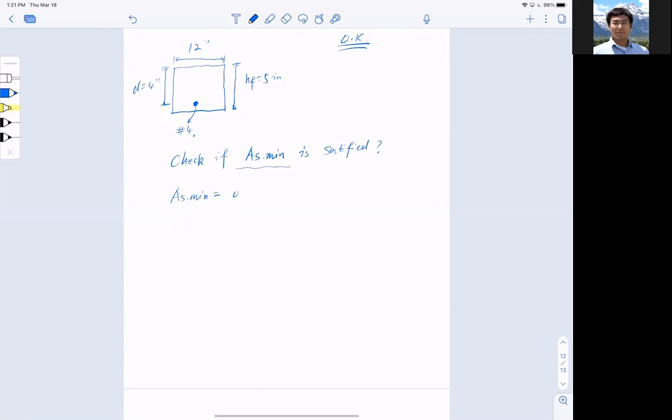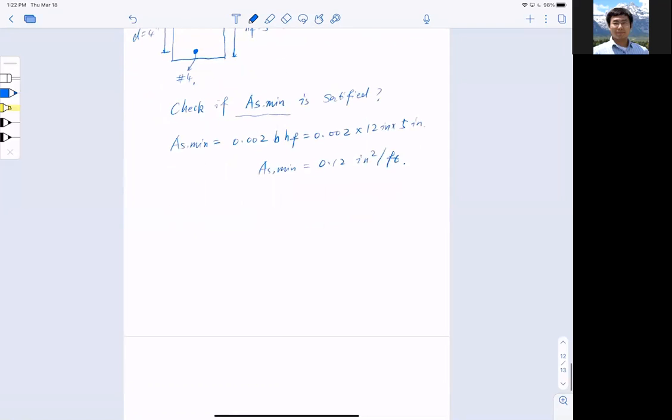It equals 0.002 bh, so 0.002 multiplied by b, which is 12-inch, and h is 5-inch. So I got As min equal to 0.12 inch squared. But again, don't forget, this is per foot. I always say, this is per foot. So that is the minimum area of reinforcement required for the slab.